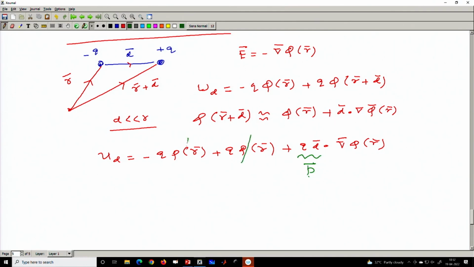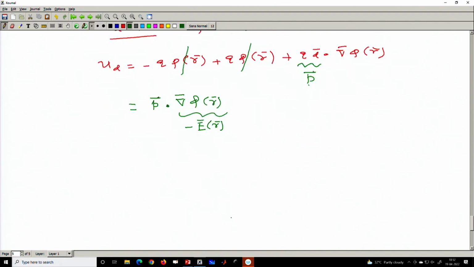The phi terms cancel out, and we simply have the dipole moment p dot the gradient of phi at point r, which is nothing but minus E at point r. So the potential energy that the dipole experiences due to the external field is simply minus p dot E.